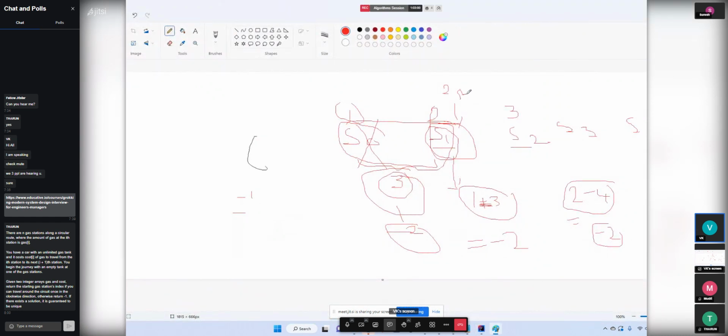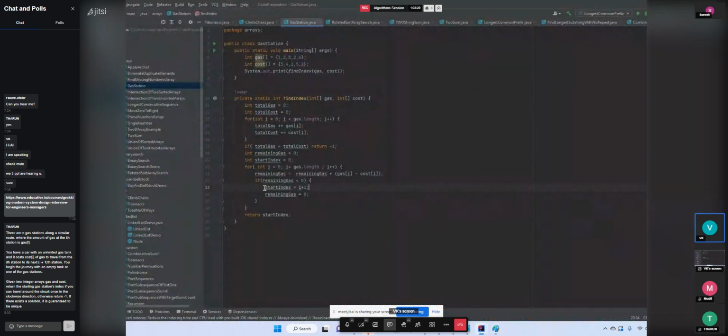What we can do, the remaining gas is still 0. We can reinitiate to 0, and we'll increment the starting position to here. So starting index becomes 1 plus 1, right? From here we will do the same thing. If we get a negative, again we'll neglect it, we will increment the starting index position, and we reset the remaining gas to 0.